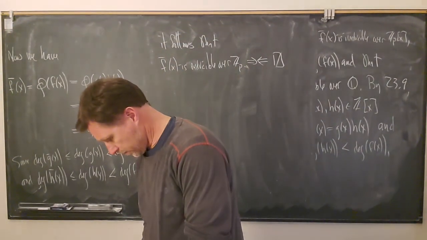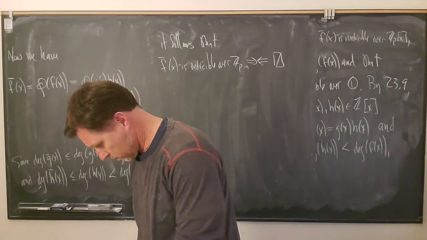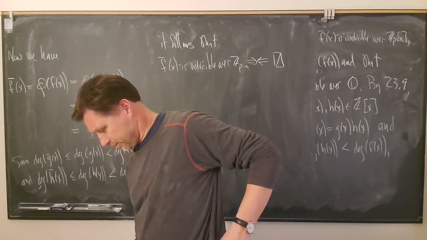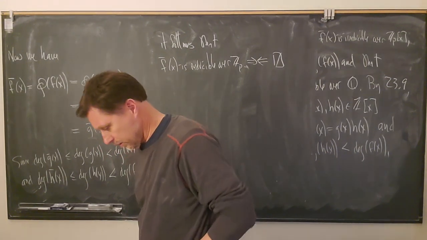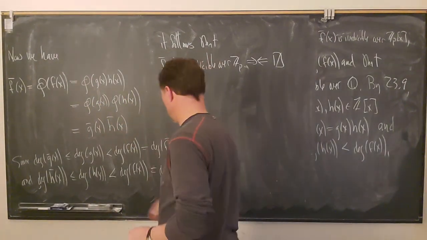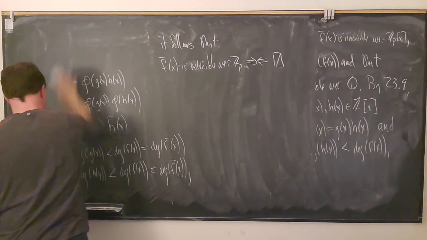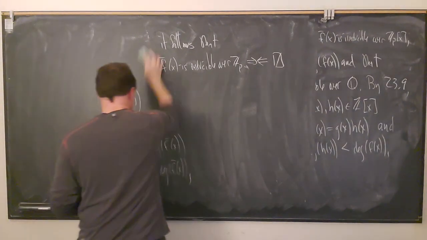Well, let's see. I probably should do one example. Okay, so let's do an example of applying this. I don't want to burn you out by going too long, but let's do one example.